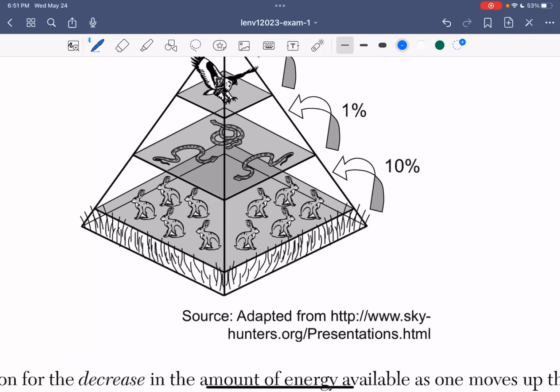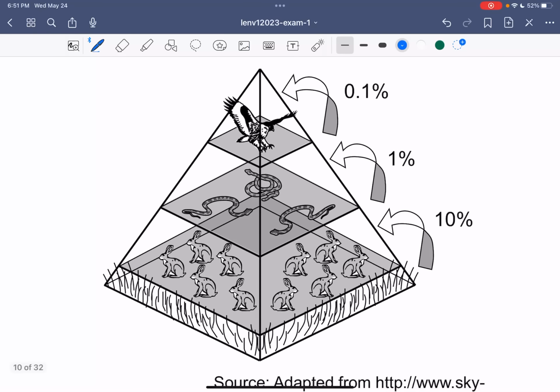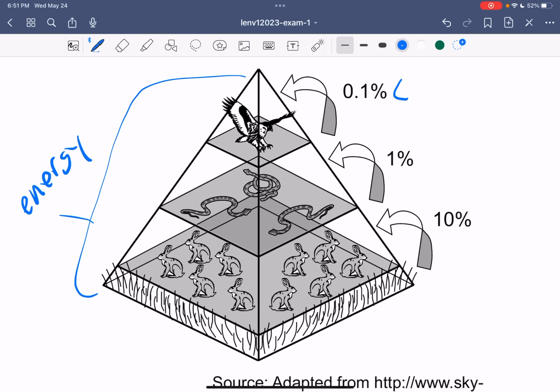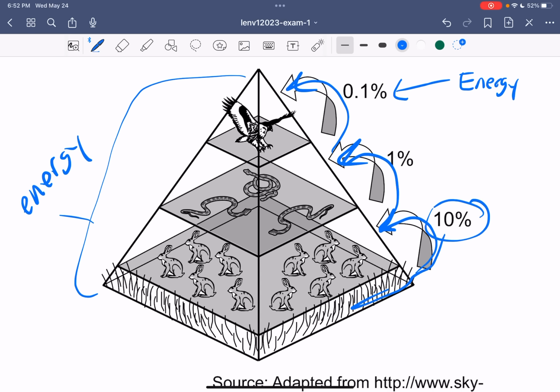Again, when you see something, look at what you're looking at. Check it out. What is this? This is an energy pyramid. And these numbers represent the energy that's being transferred from one level to the next. Notice how you have the highest amount of energy down here.